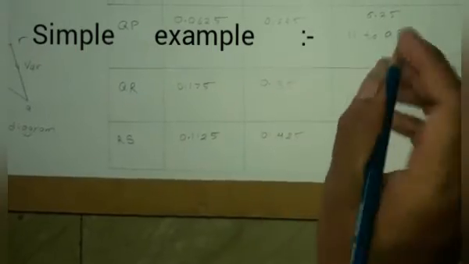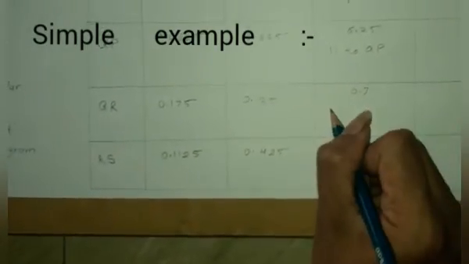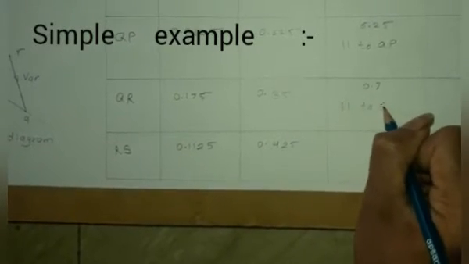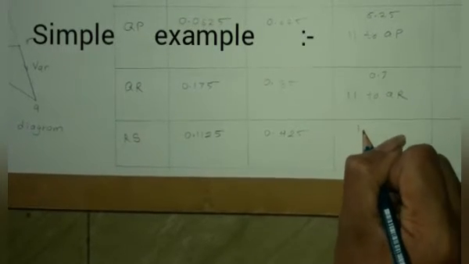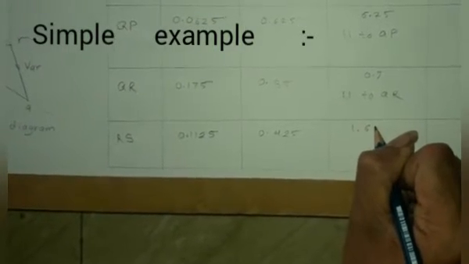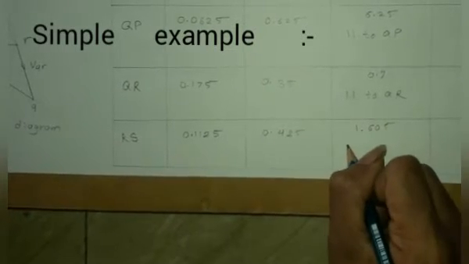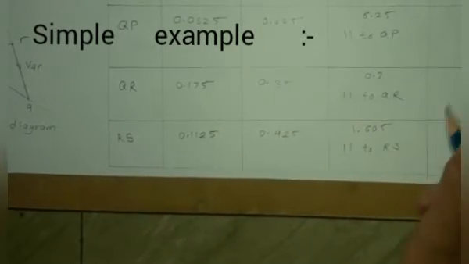For QR, it will be 0.7 meter per second square and direction is parallel to link QR. For RS, it will be 1.605 and direction is parallel to link RS.